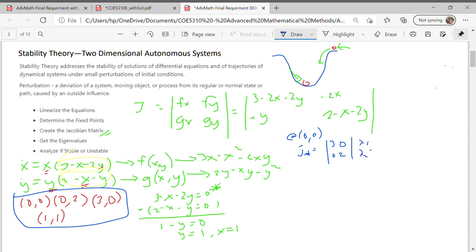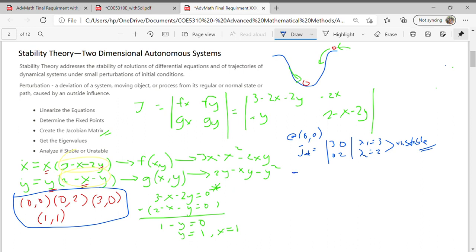Our eigenvalues are 3 and 2. Both positive means unstable. So this analysis I'll discuss on the next topic.